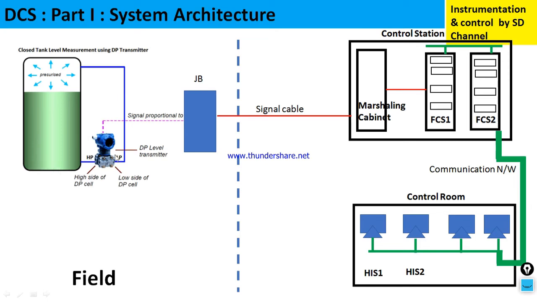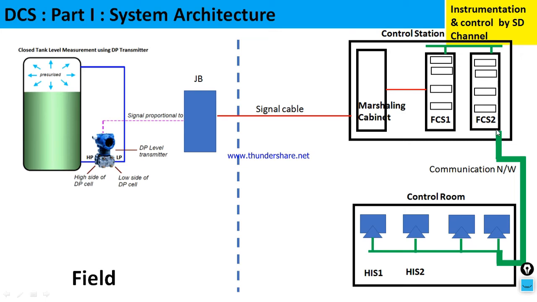So data is coming from the field as a 4 to 20 milliamp signal from the transmitter to the junction box. Then from the junction box the signal goes to the marshalling cabinet. Then from the marshalling cabinet it goes to the FCS, field control station 1, field control station 2. The FCS are connected to each other with a communication system like Ethernet maybe, or VNet IP.